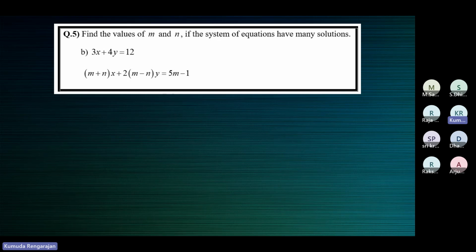Many solutions. The condition is many solutions. That means A1 by A2, B1 by B2, C1 by C2 all are equal. So using that condition, you should find the values of m and n. Try, let me see if you can do it, children. Take down this question and work this.